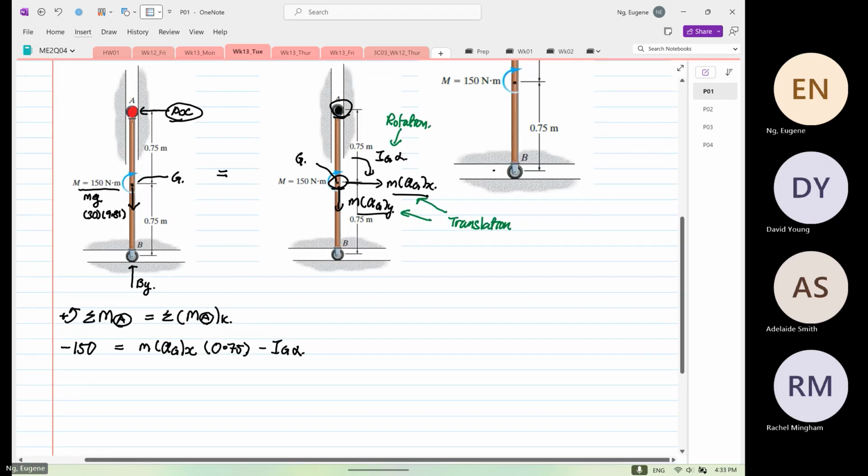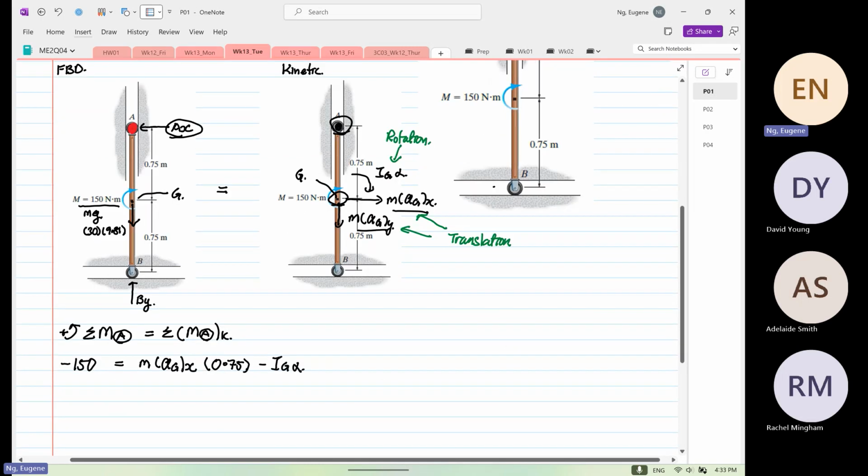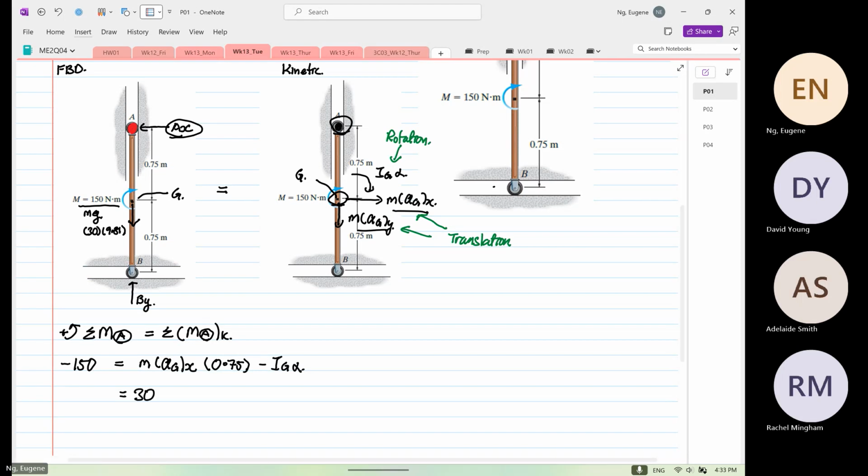Okay. So we know that in this problem, the mass is 30 kilogram. Then you have aGx, and then you multiply by 0.75. So this will be equal to what? We did calculate yesterday.